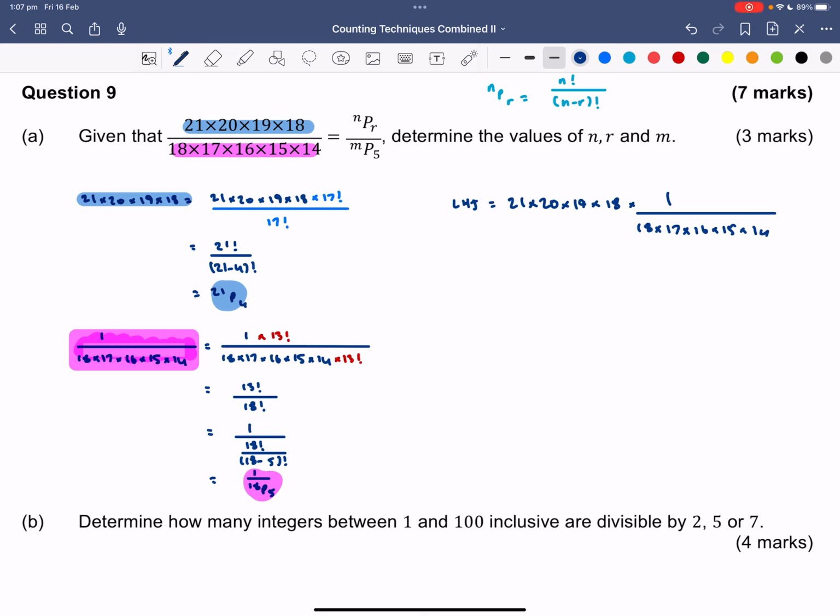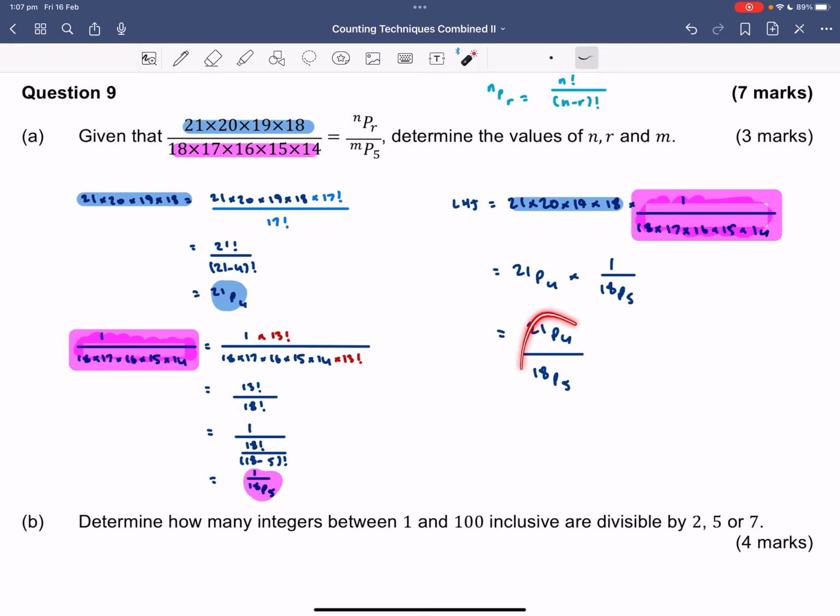So now I've come up with an expression for blue times pink, and that can be written as 21P4 times 1 over 18P5, aka 21P4 on 18P5. That's exactly the way we're meant to write it.